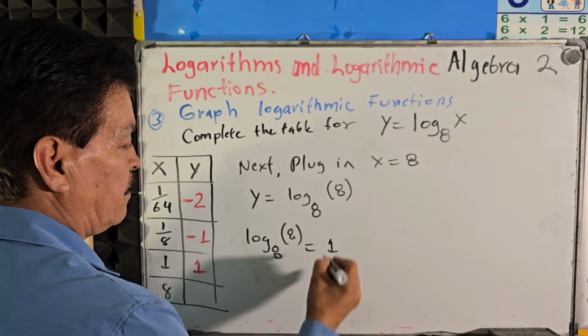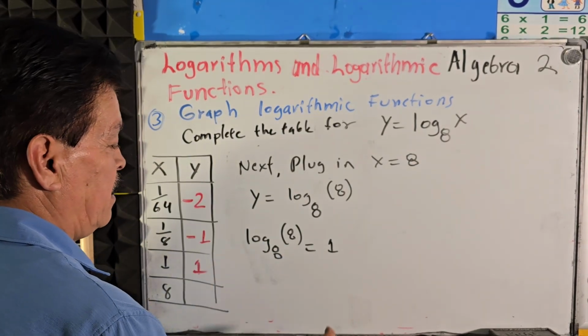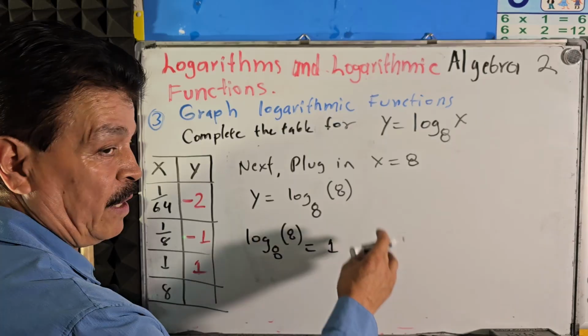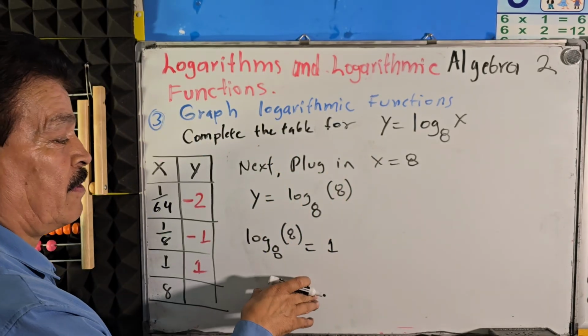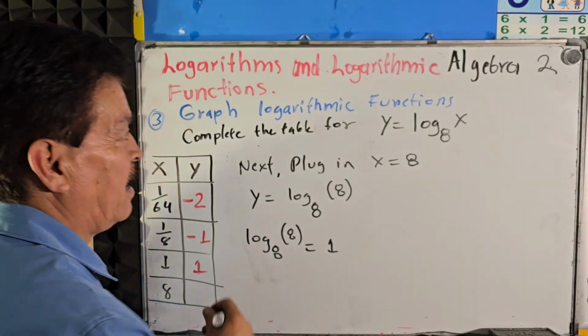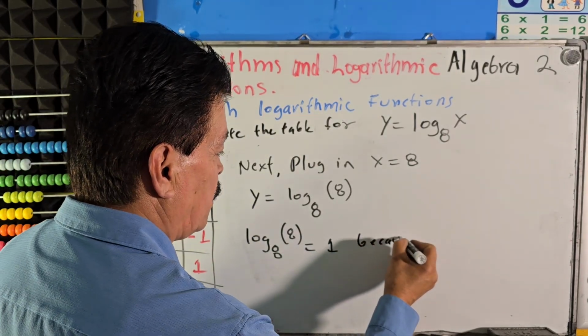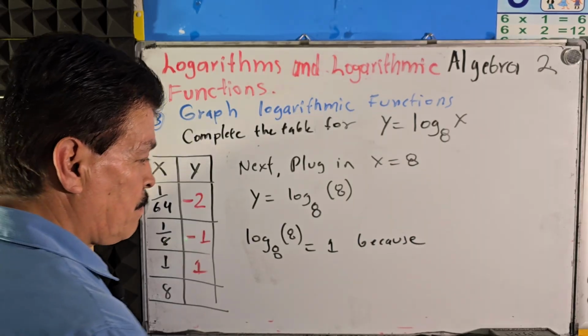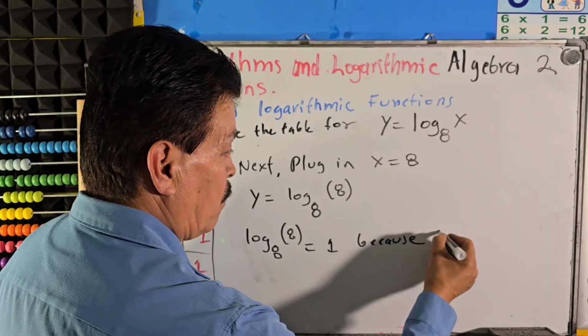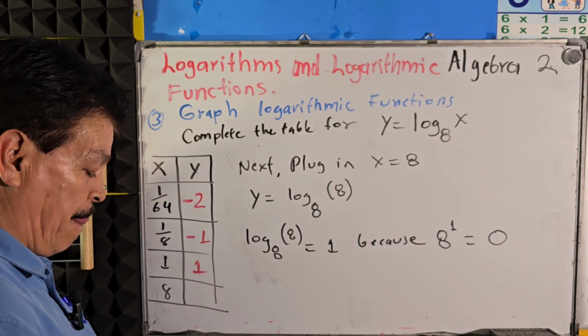Log of 8 with the base 8 equals 1. We already solved this problem before. Remember, we had this problem in the other section before. So why? Because when you have 8 to the first power, it equals 8, right?